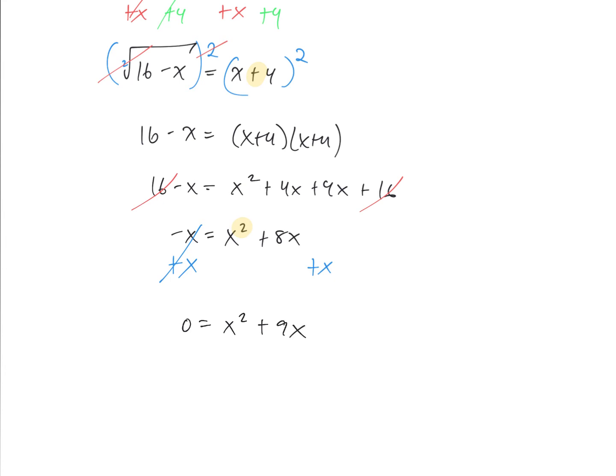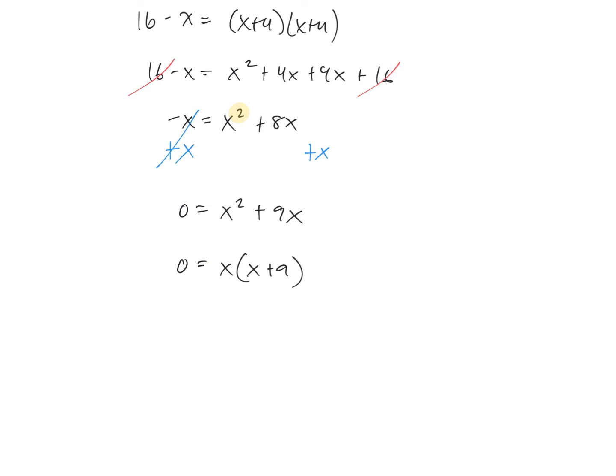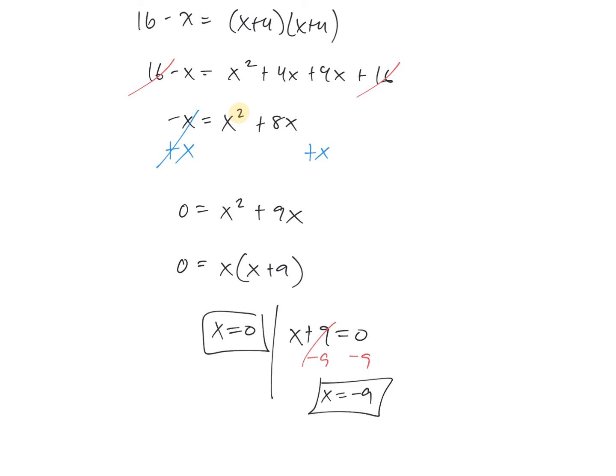Well, they both have a common factor of x. So let's go ahead and first factor out the greatest common factor. And then after this, notice they're both perfectly factored, so we can use the zero factor property. So we have x equals 0 and, subtracting 9 from both sides, x equals negative 9. Okay, we're almost done.